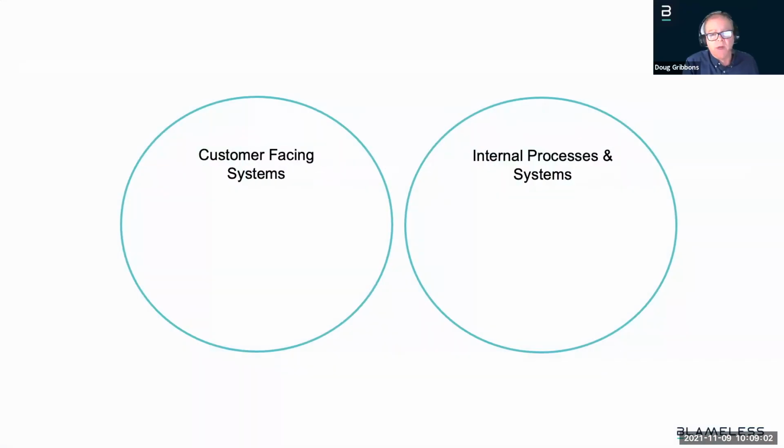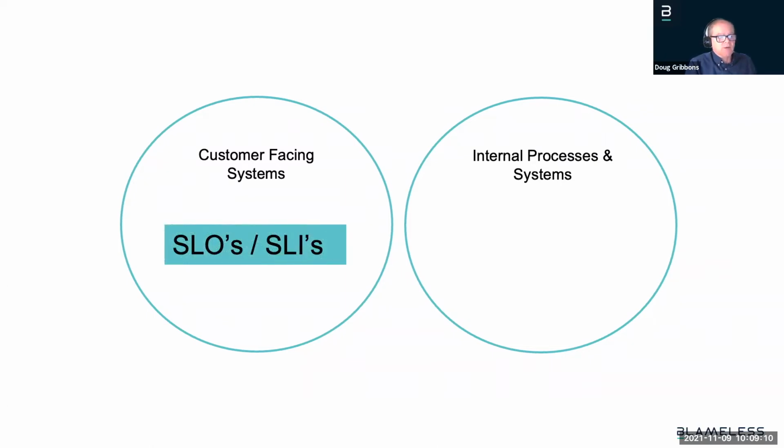So how do we measure things? Well, that's where SLOs and SLIs come in. I think a lot of people concentrate on the customer facing systems, but really when you get down to it, the internal processes and systems are just as important.